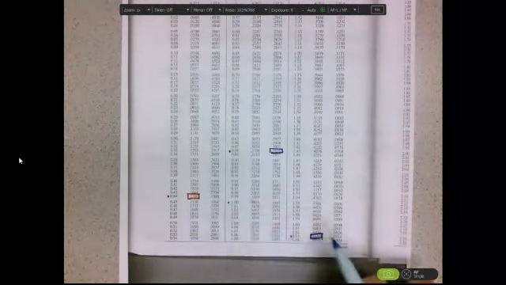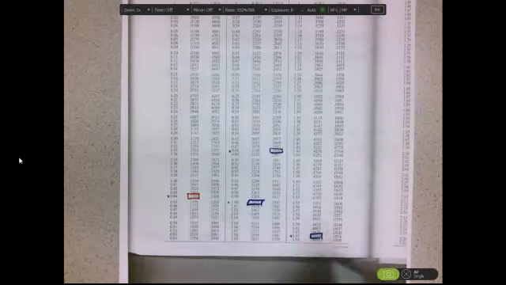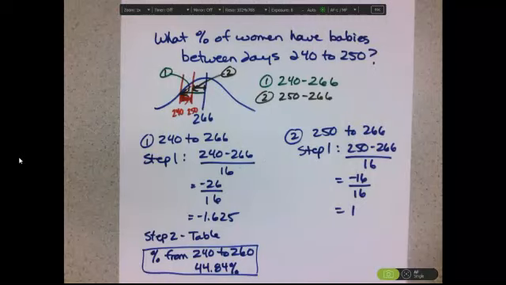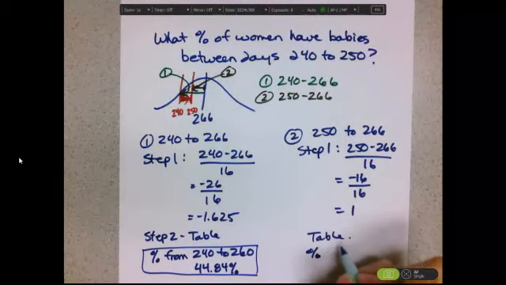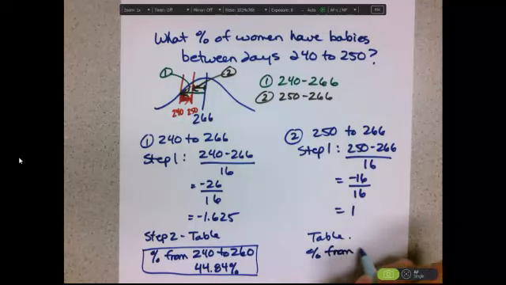Here's 1, there's our value. It's 0.3413. So the percent from 250 to 266 is 34.13%.